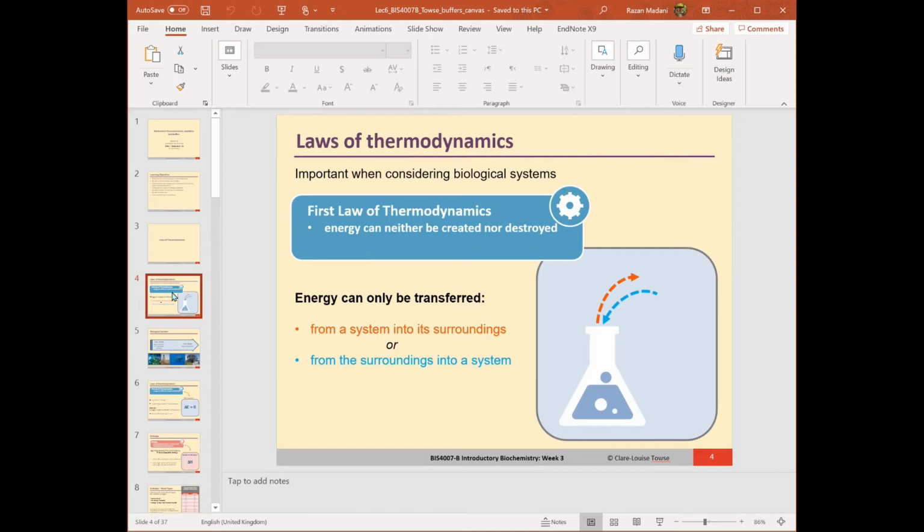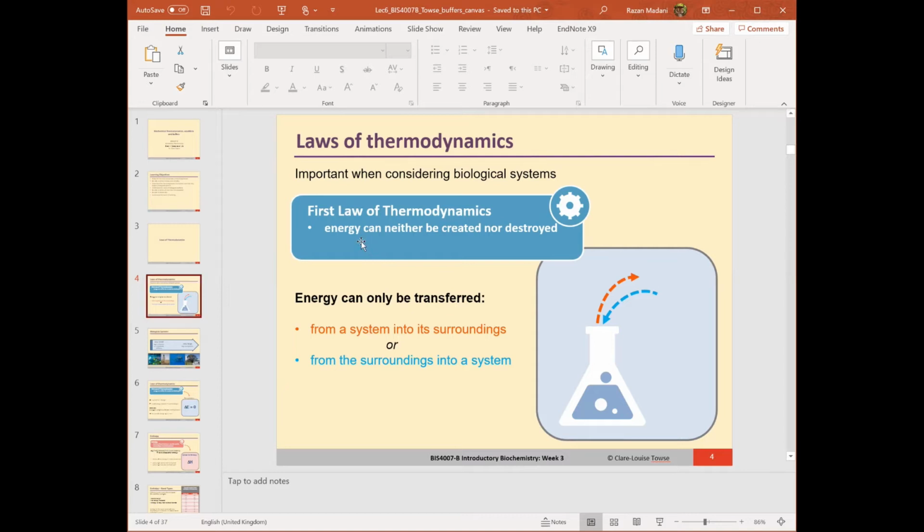For example, heat energy, kinetic energy, electrical, and waves. But for now, we're focusing on heat energy, as in chemistry most of the time.